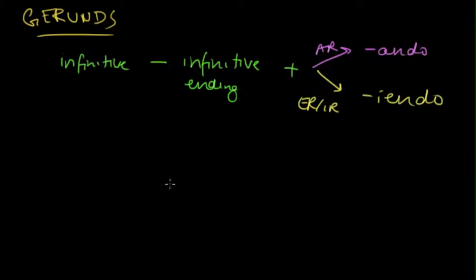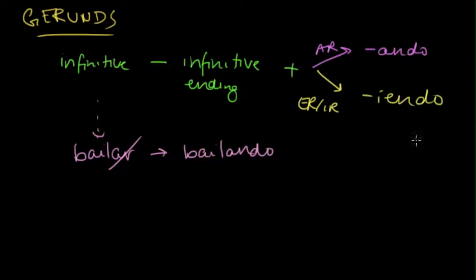Let's look at some examples because this may seem kind of weird. So we'll start with an AR verb, bailar. We have our infinitive right there. We're going to drop our infinitive ending, so we're left with just our stem. And we're going to add, because it's an AR verb, ando. So we end up with bailando, and this would translate as dancing.